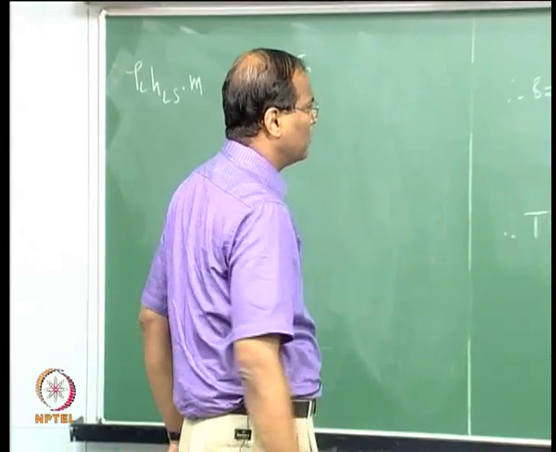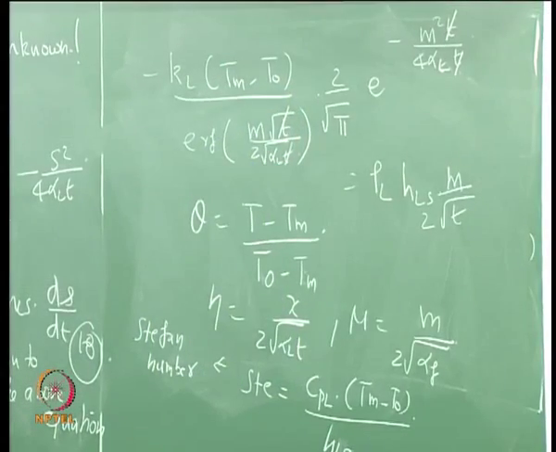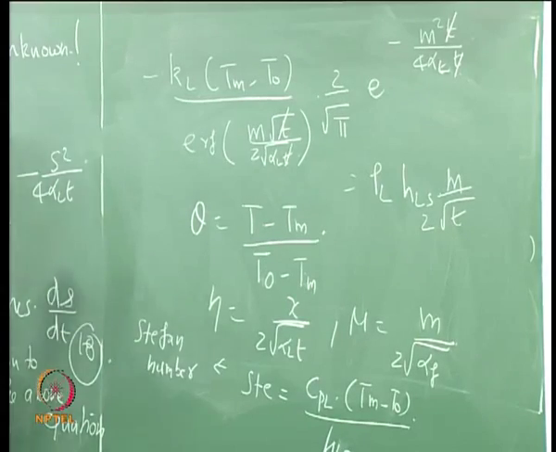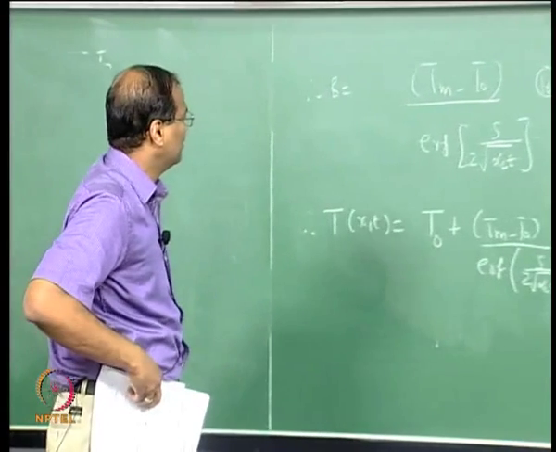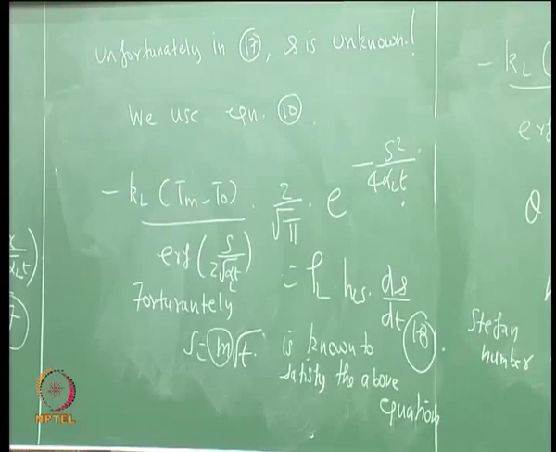Did we differentiate it properly? No. KL T minus T naught error function is 2 by root pi.